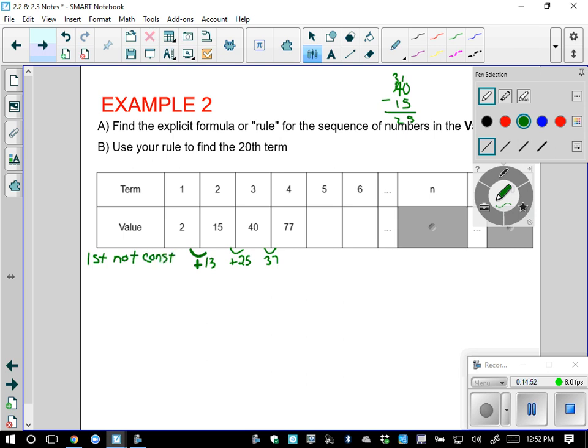So my second difference: 13 plus 12 and 25 plus 12. My second difference is constant. That tells me we have a quadratic pattern.